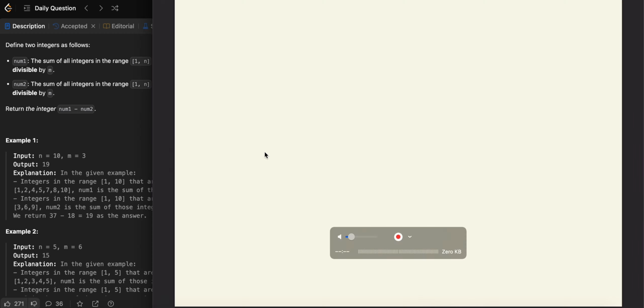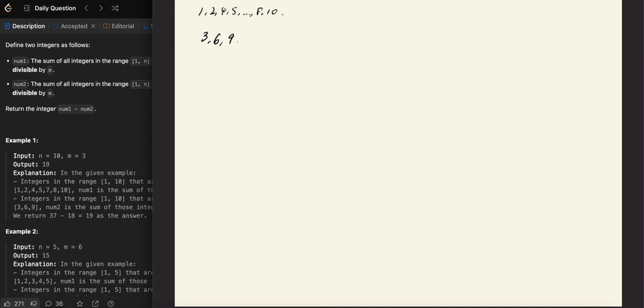So let's look at example 1, right? What we have done right now is we have just gotten the numbers divisible by 3 out, and then we keep the ones that are not. And that'll work, right? Because we just need to find a difference between that.